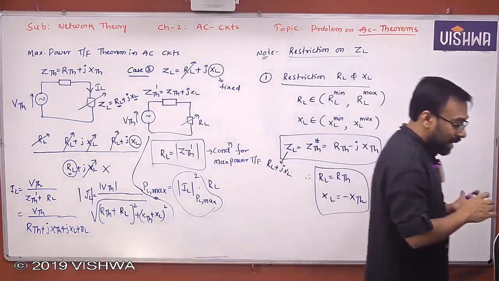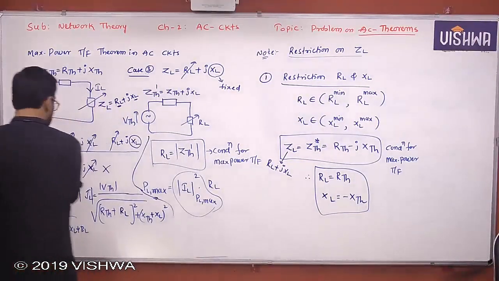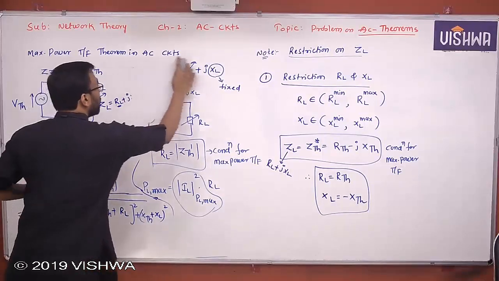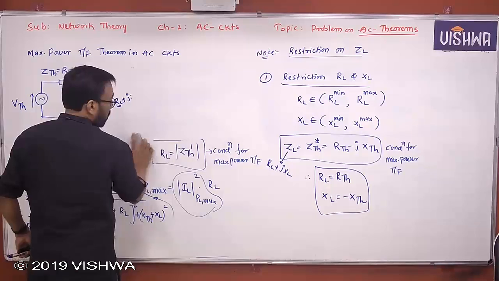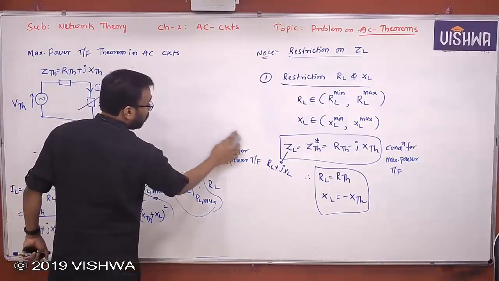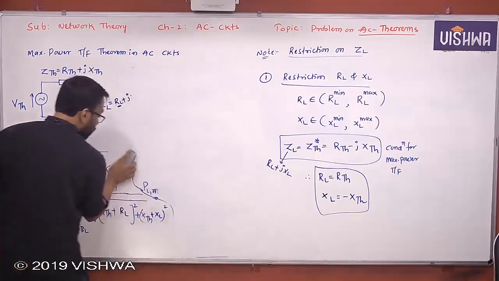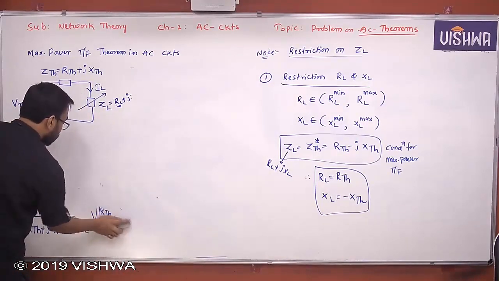he is imposing the conditions or constraints, limitations or restrictions, whatever you call it. Now, considering those restrictions, what is the best possible way of transferring maximum power and what is that amount also we can find? Okay, so let us try to apply those conditions or constraints.